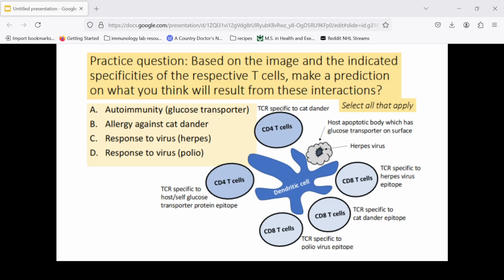But the CD4 T cell that's being activated against the glucose transporter, if it goes and gets presented, the glucose transporter will cause problems with other cells and glucose transporters. That's quite scary. This is a really good question.